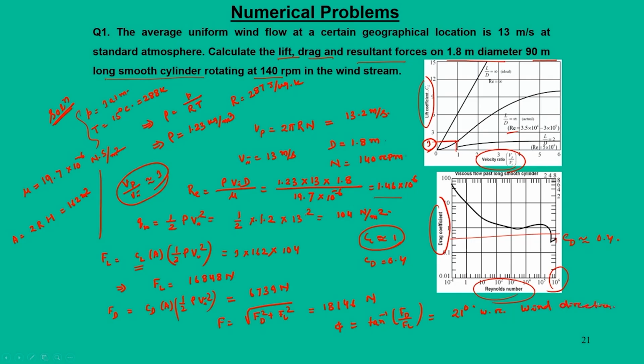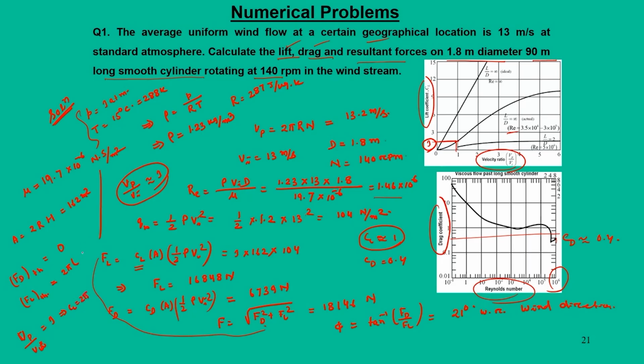Okay. So, we have lift force, drag force and resultant force, but however, the theoretical value of drag FD is 0, and FL theoretical would be twice pi times, because Vp by Vi is equal to 1 implies CL will be twice pi.